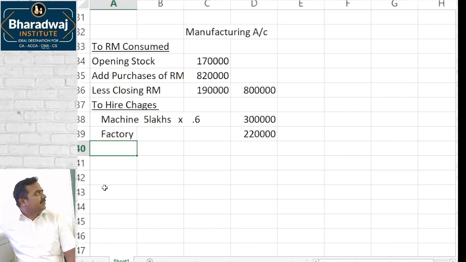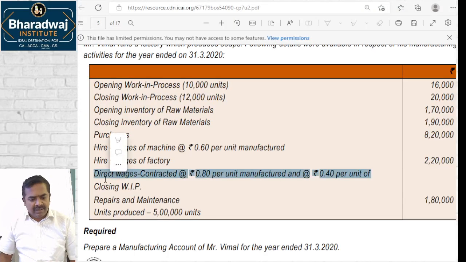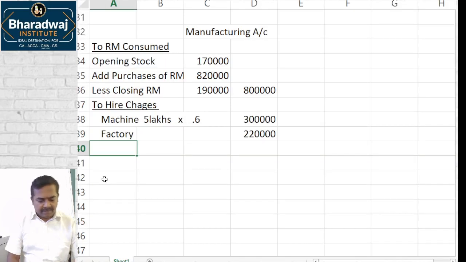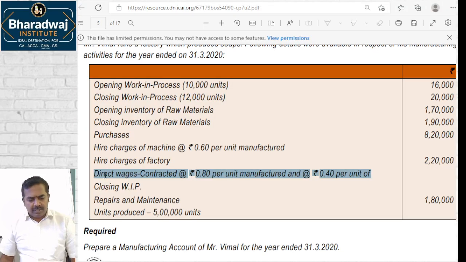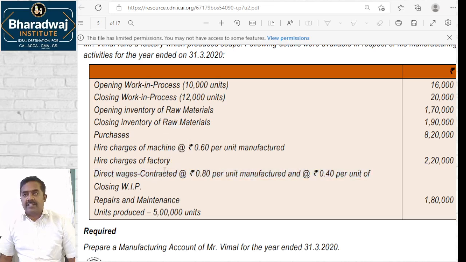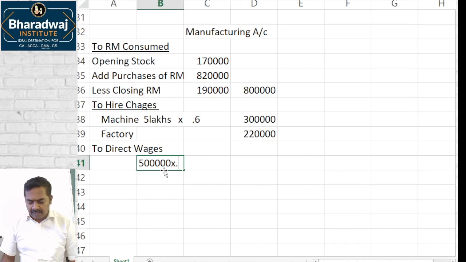Record them. Then what is the next one? Direct wages. Direct wages: 5 lakh into, what is said for units manufactured? Units manufactured 5 lakhs into 0.8. What will it come to? 4 lakhs.